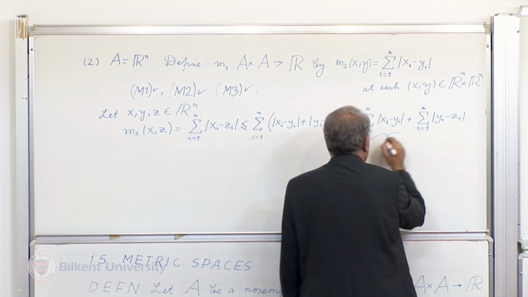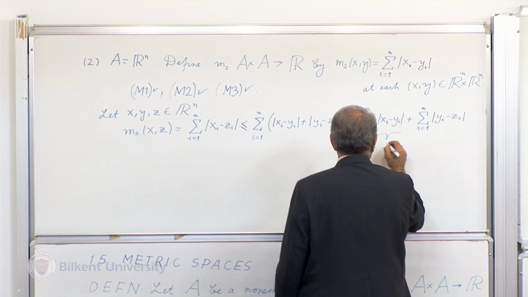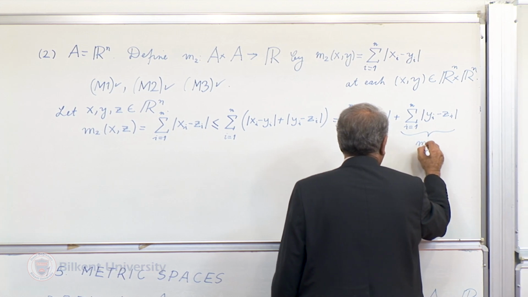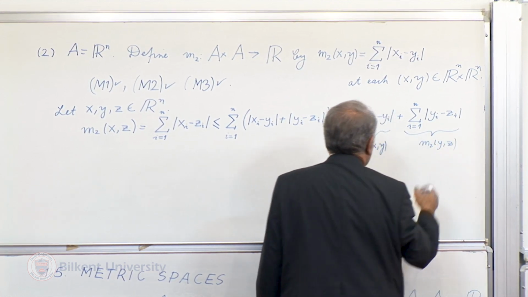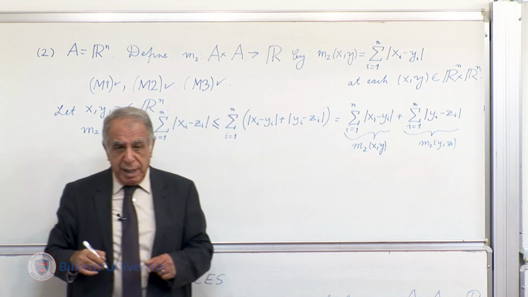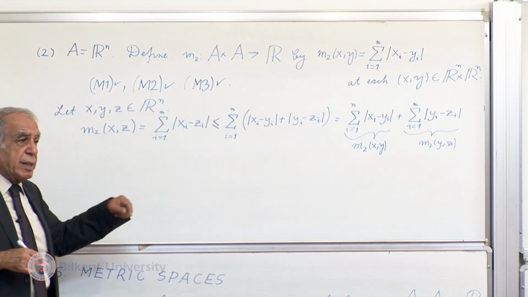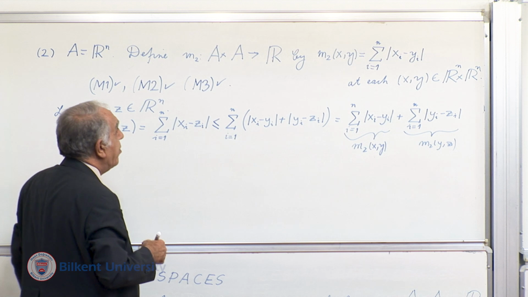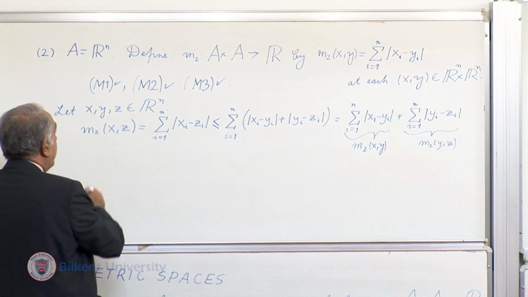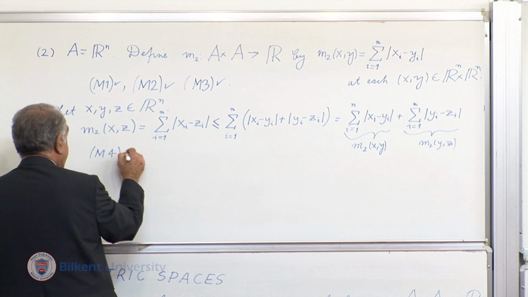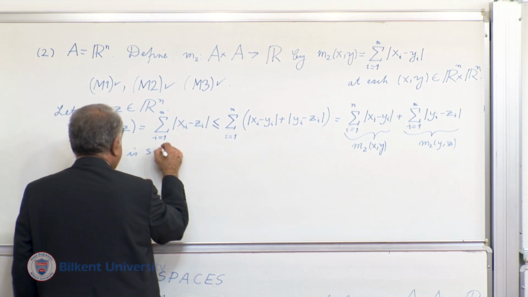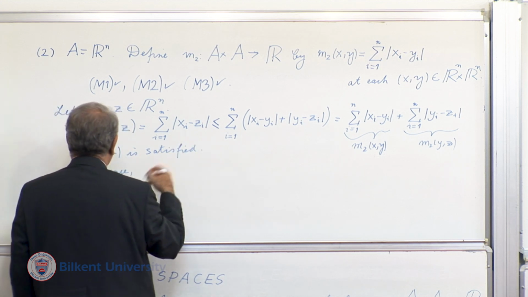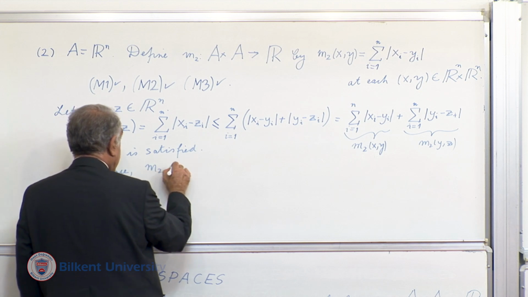But this is just M2xy, and this is just M2yz. So the triangle inequality being satisfied component-wise, automatically it's inherited by the entire metric itself in this case. So M4 is satisfied. Hence, M2 is a metric.